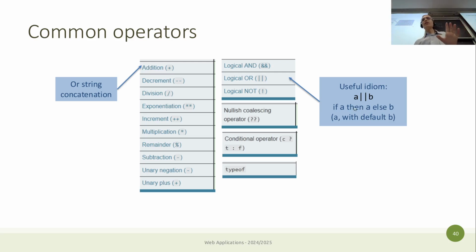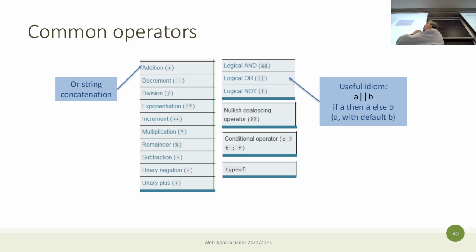So it means that if A evaluates truthy, then the value of the whole expression is A. Otherwise, it's B. It's a sort of default value B for A. We don't know if A is initialized or not. Undefined evaluates as false.